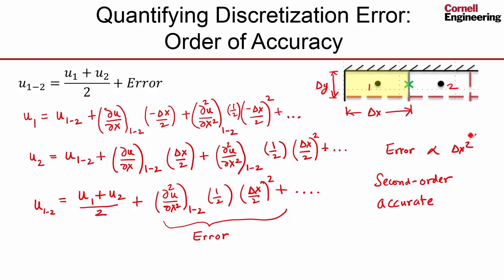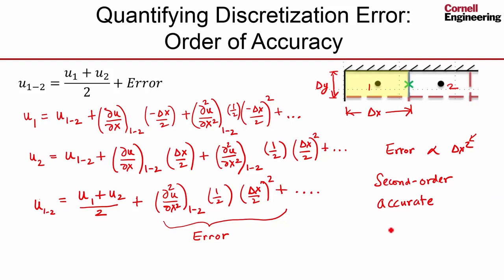In a first order, the error will be proportional to delta x. The delta x will be in the leading term in the error. And if every approximation in your scheme is second order accurate, then you would say you have a fully second order accurate discretization scheme.